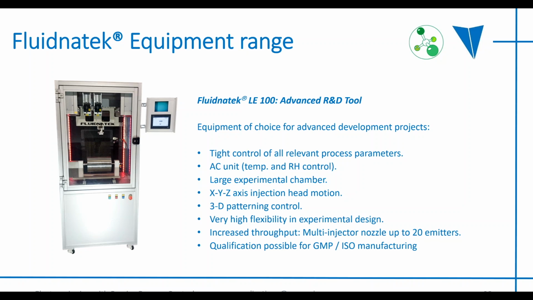So we can create some 3-dimensional patterning, or we can coat larger objects, for example. This works because it's a larger machine. We have some more space inside the chamber for additional apparatus. We can work with larger rotating drums, up to 200 millimeters diameter, which gives you a sheet of nanofiber approximately the size of A3 paper.